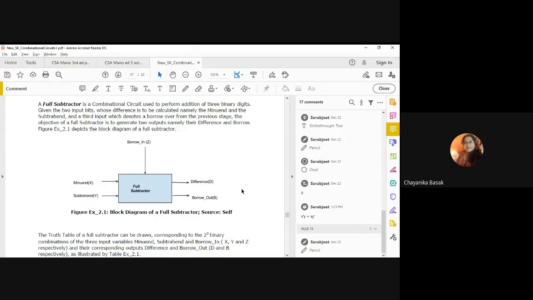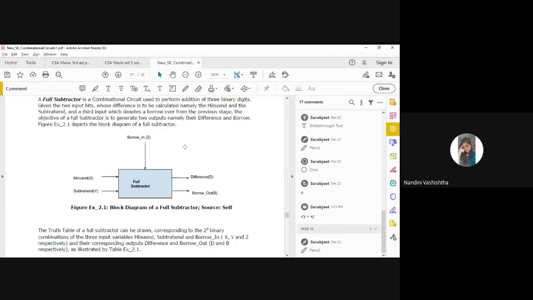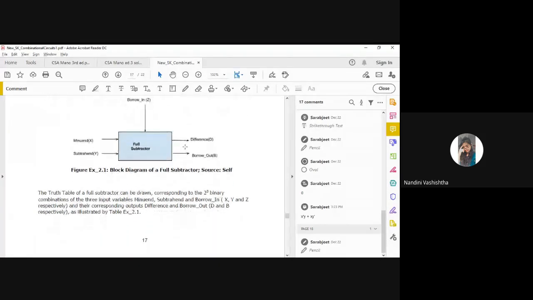Yes, ma'am. Yeah, Nandini, read on. The truth table of a full subtractor can be drawn corresponding to the 2 raised to the power 3 binary combinations of the three input variables, minuend, subtrahend, and borrow in, x, y, z respectively, and their corresponding outputs, difference and borrow out, d and b respectively, as illustrated in the figure.